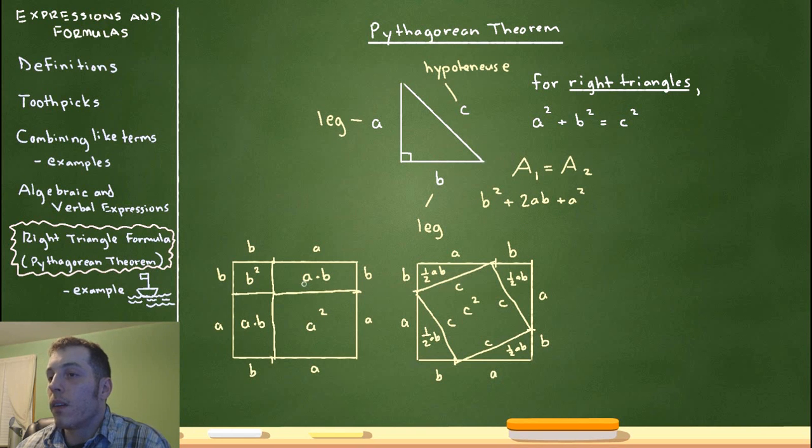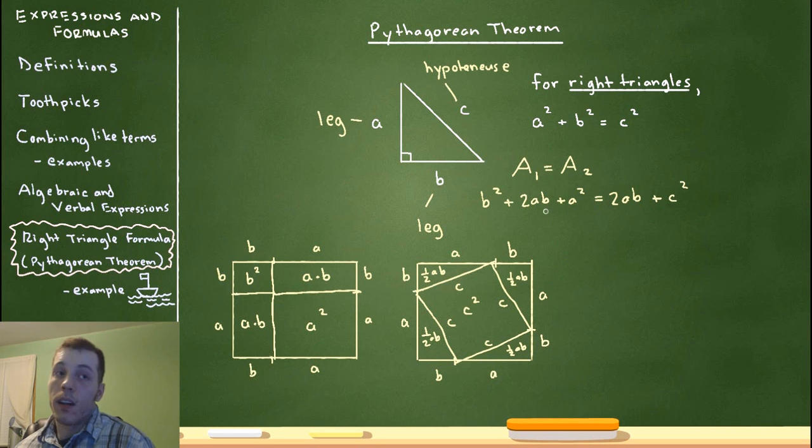That's the area of the first square. And this is equal to the area of the second square. Now, 1/2 AB, we have AB, AB, AB, and AB. Those are all like terms. And 1/2 plus 1/2 plus 1/2 plus 1/2 is 2. So we have 2AB plus c squared.